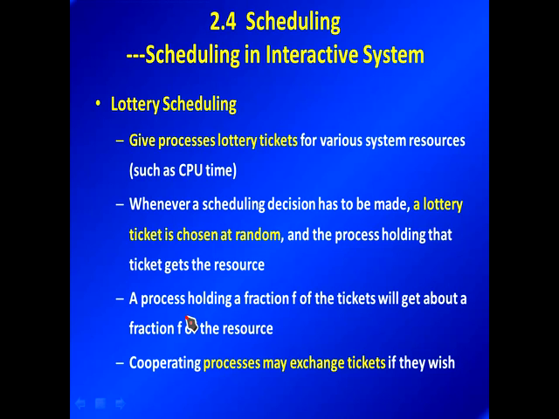And when the scheduling decision needs to be made, when the scheduler is running, the scheduler chooses a lottery ticket randomly. So the process holding the chosen lottery ticket will be the one to use the CPU next.